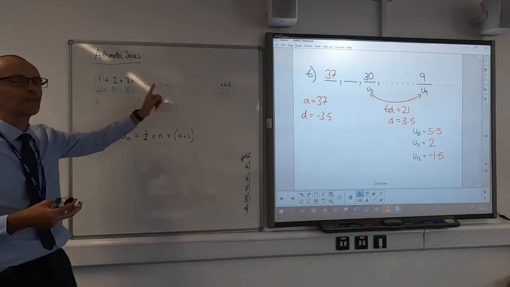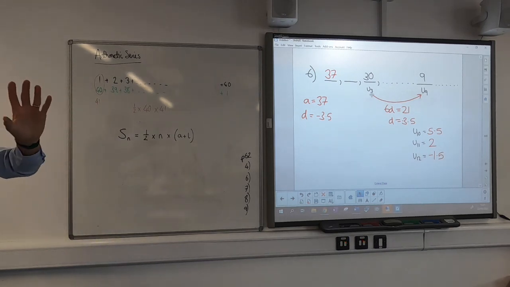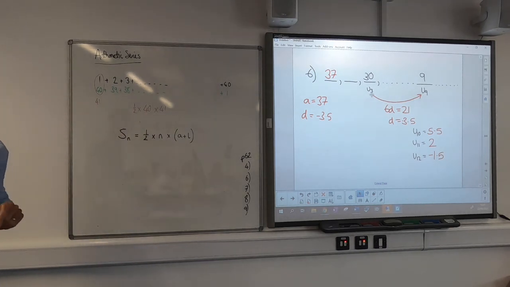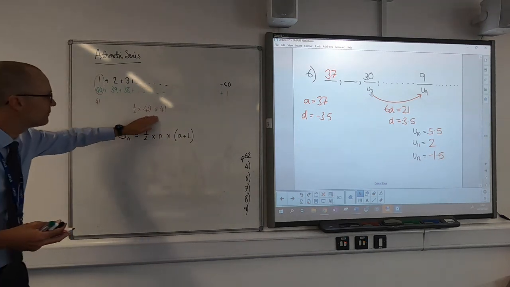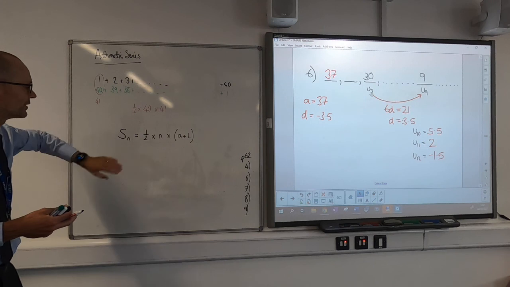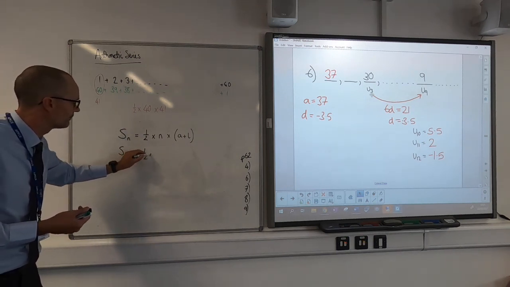And that doesn't just work for consecutive numbers, it works for any arithmetic series. With my first 40 numbers, n was 40. The first and the last term added to 41, and that gave me double my total, because I've written the sequence twice, so it was half of that. So we actually tend to write that like this.